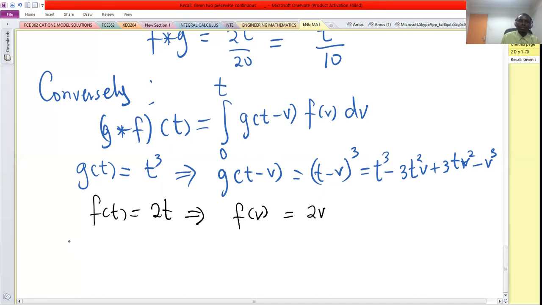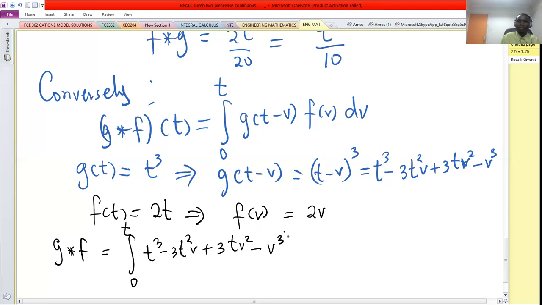Replacing into the formula, we have g star f given by the integral from 0 to t of t cubed minus 3t squared v plus 3t v squared minus v power 3, everything multiplied by 2v, and then dv.